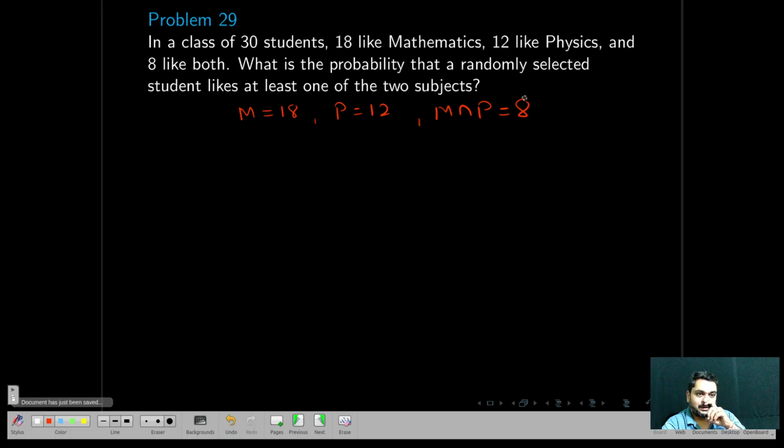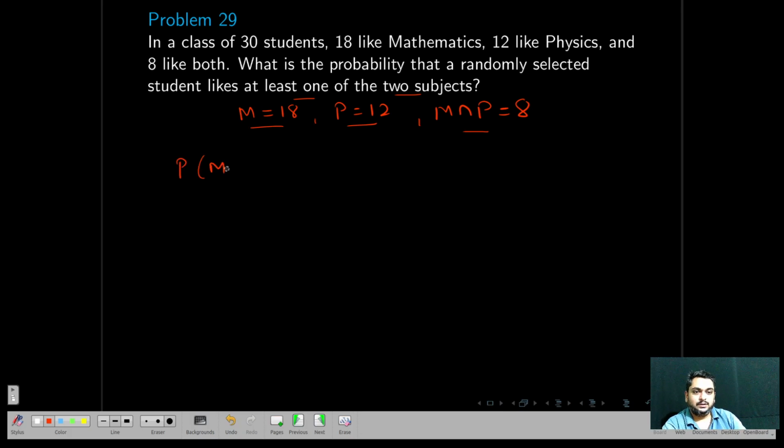Now, what is the probability that a randomly selected student likes at least one of the 2 subjects? So basically they are saying the student should like at least one of the 2 subjects.